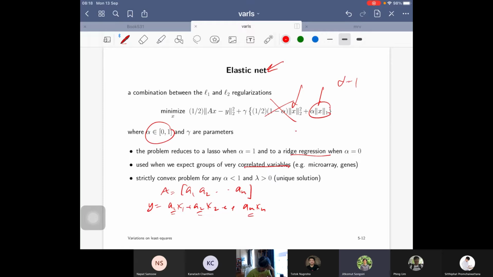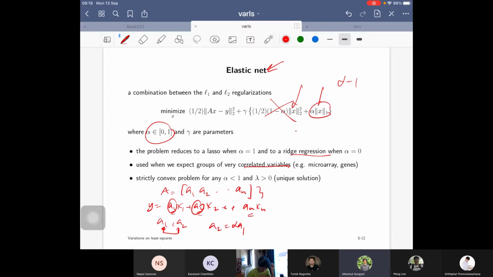If A1 and A2 correspond to two variables that are very correlated, for example measurements of physical variables related to each other, like multiples of one another, then of course the matrix A is not full rank if A2 is a multiple of A1.